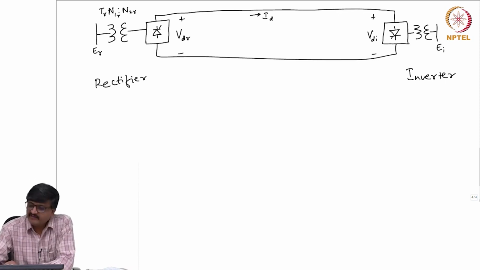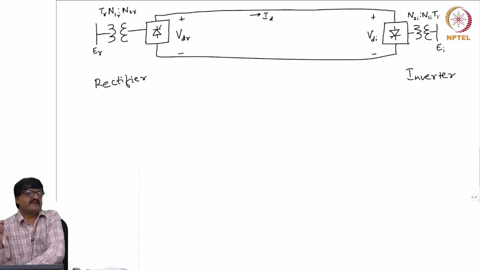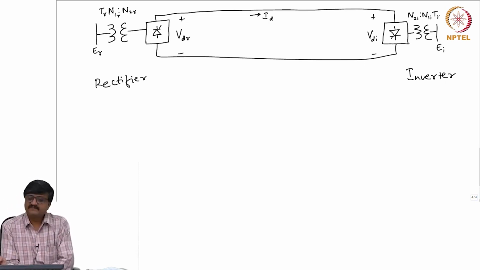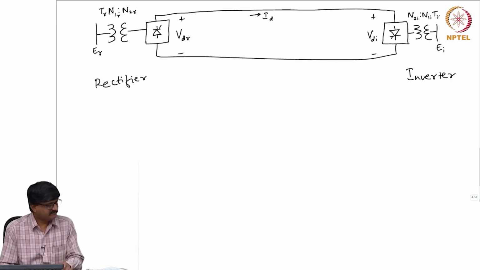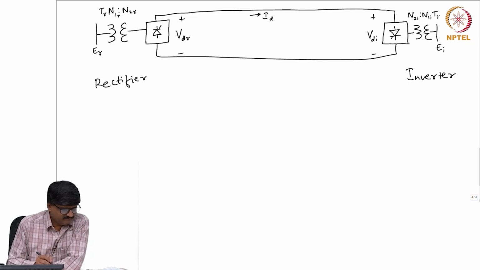Okay. So, on the inverter side also, N2I to N1I, and TI is the tap on the transformer of the inverter. Now, I make some notations.